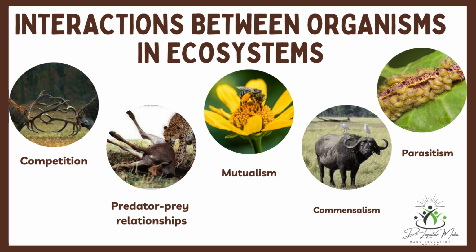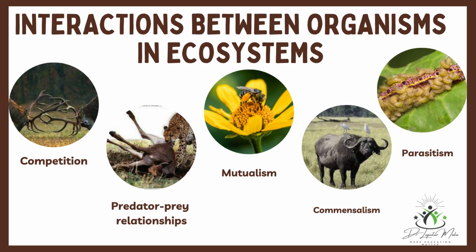Then we've got the predator and prey relationship. Now, this is where one organism quickly kills another organism. So there is a predator and also there is a prey. Some examples of this would include, let's say, a leopard killing an impala, right? Then we've got mutualism.